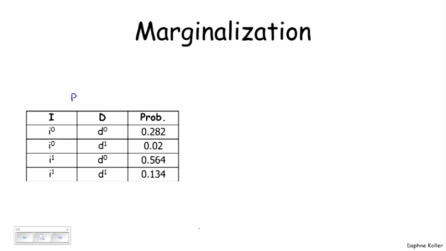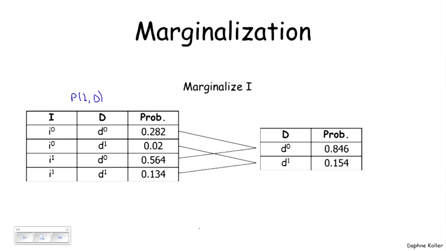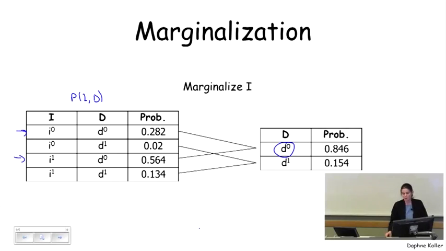So in this case, we have a probability distribution over I and D. And we say we want to marginalize I, which means we're going to basically sum up, we're going to throw away I and restrict attention to D. And so what that does is, for example, if I want to compute the probability of D0, I'm going to add up both of the entries that have D0 associated with them, and that's the one corresponding to I0 and the one corresponding to I1. And that's the marginalization of this probability distribution.